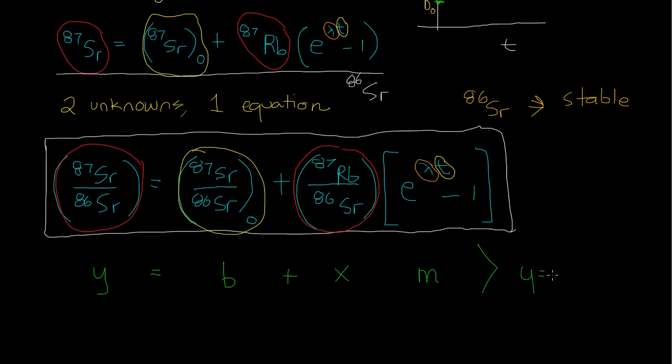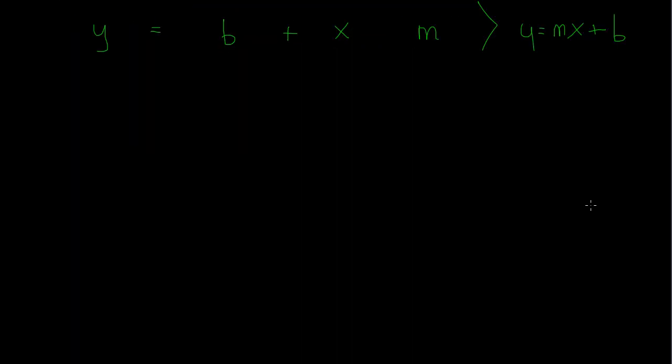Y, remember, is equal to mx plus b. So here are our axes. The x-axis is the ratio of 87 rubidium to 86 strontium.